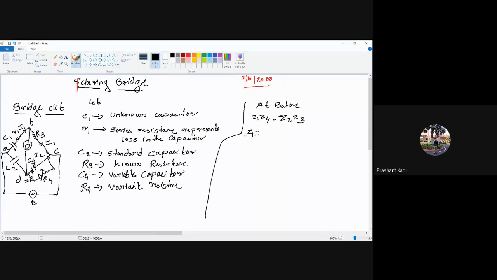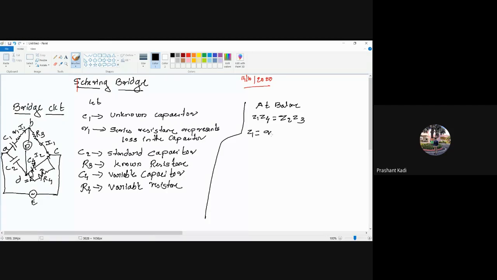There are two elements in the first arm AB: one is a capacitor and the other is a small resistance. Z1 equals what?